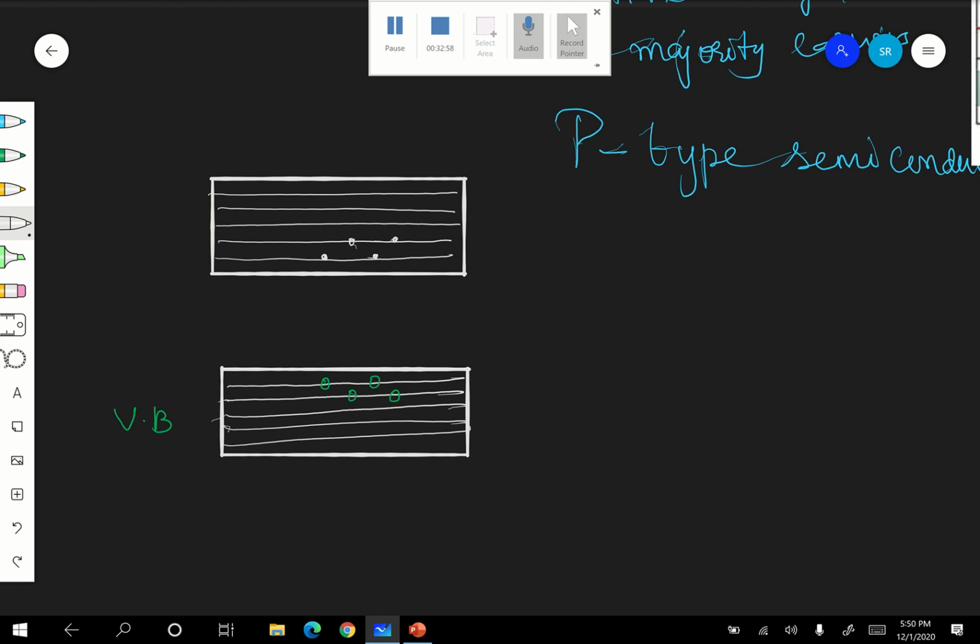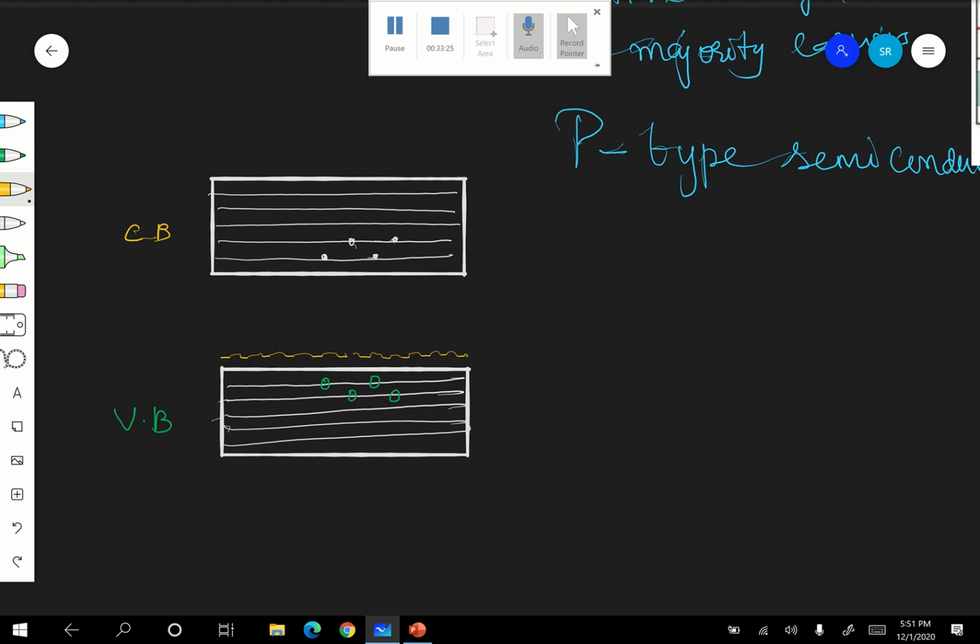But in addition to that, when a trivalent impurity is added, some extra energy level will be created. Where will it be created? The extra energy level will be created just above the valence band. This is the conduction band.